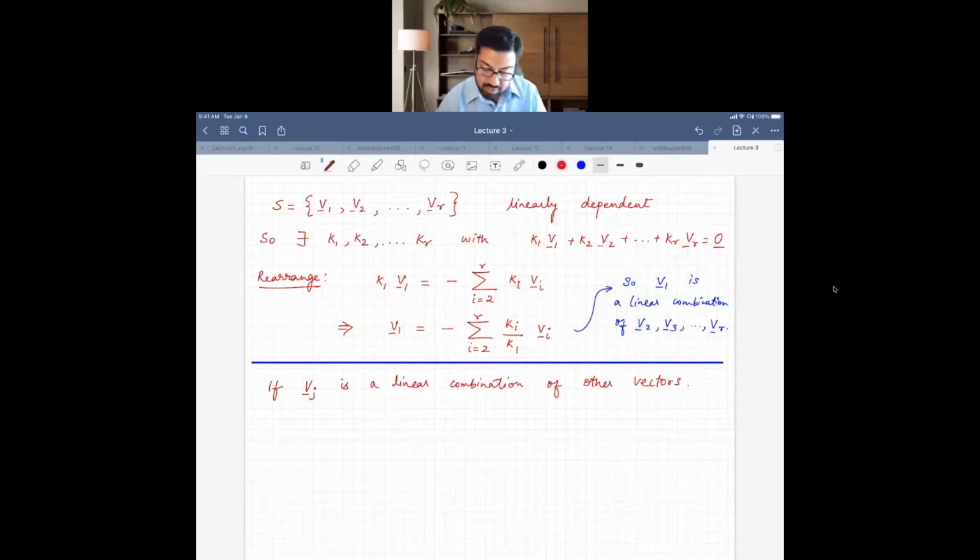So if vj is a linear combination of others, what can we say about negative vj? Well, we were able to find v1, the same way we will be able to find vj, some jth vector. We can write this as negative summation, i not equal to j, k sub i divided by k sub j, v sub i.